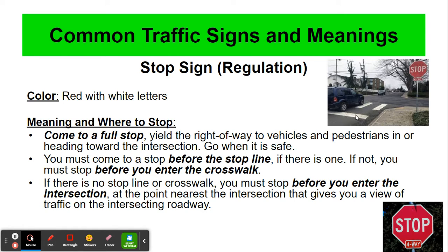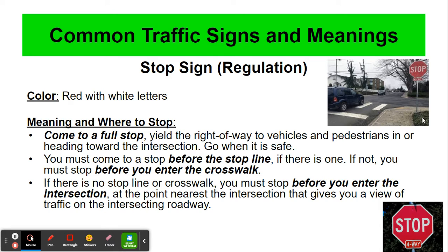So it's very important to stop behind the white solid line. If there is no white solid line, where do you stop? You stop before the pavement markings for the crosswalk, like a foot before it. If there are no crosswalk markings, then you make an imaginary line across the road from the stop line, and you stop before that line.